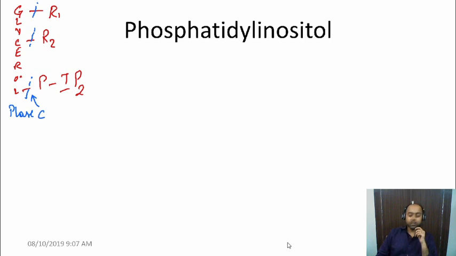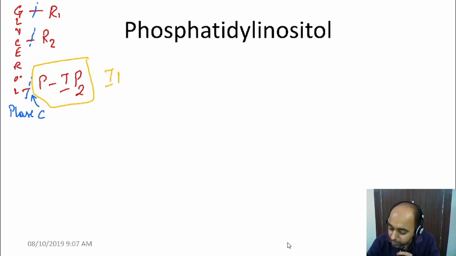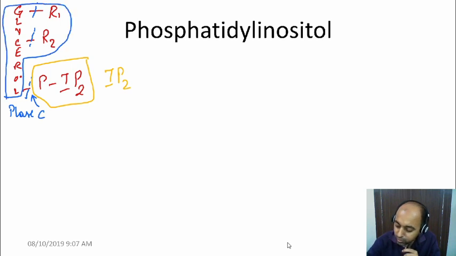If the phospholipase C is acting here, what you get is IP3 and two fatty acids attached to glycerol. This is known as diacylglycerol.